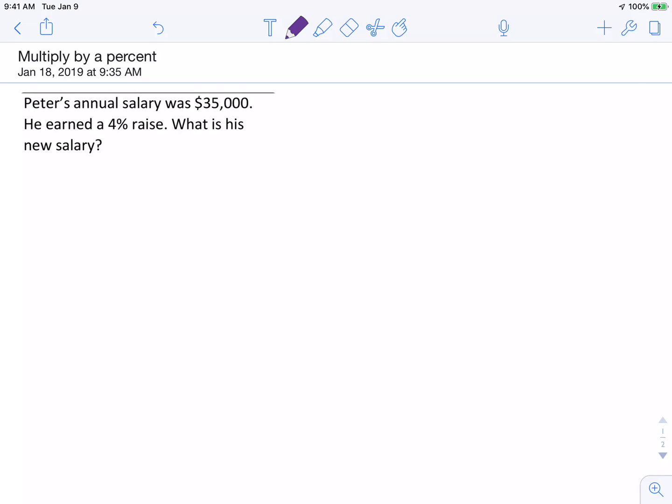So to take 4% and turn it into a decimal, I'm going to do my 4, and I'm going to add my decimal to the end, and then I'm going to move it 2 places to the left. 1, 2. I have an empty space. I need to add a 0. And now 4% is the same as 4 hundredths.